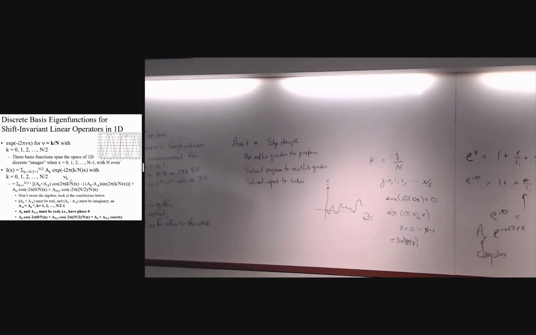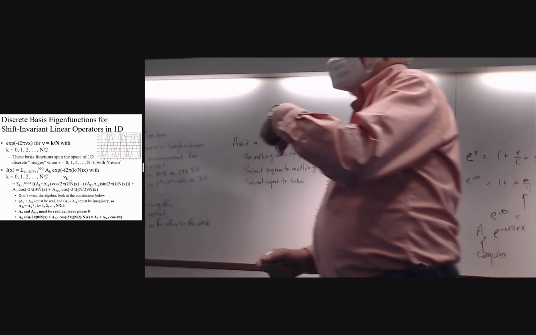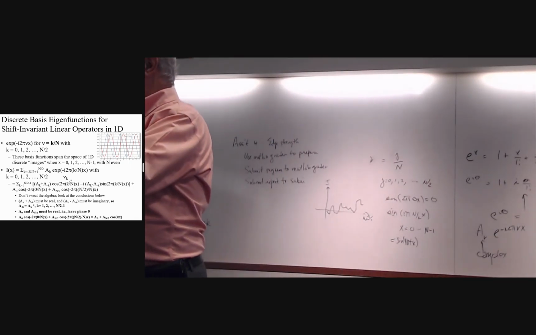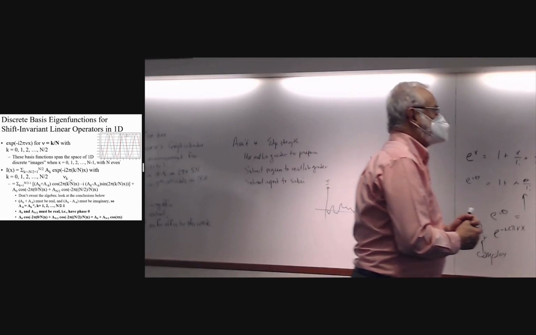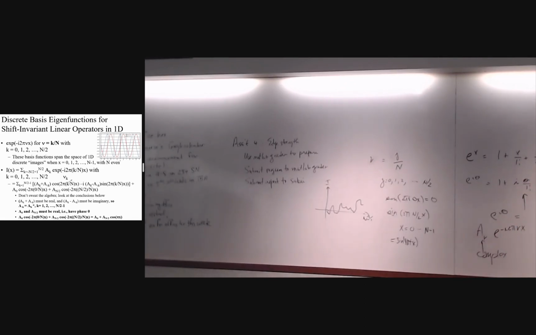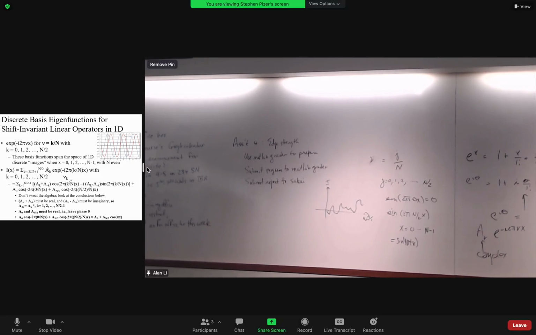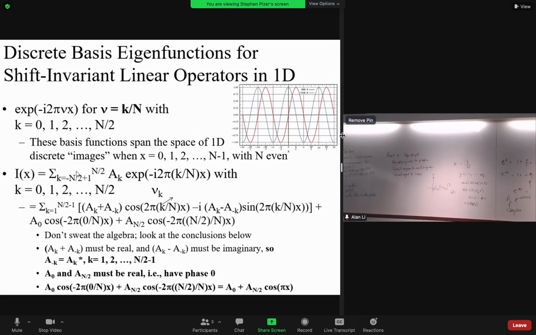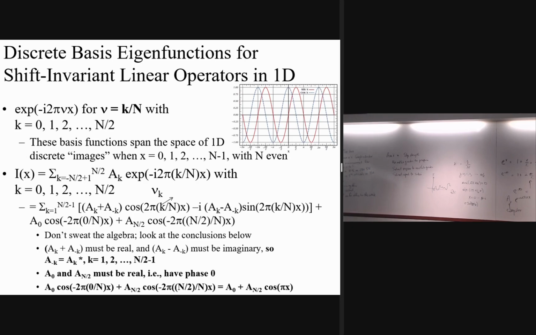Cosine is independent of the sine, because cosine of minus theta and cosine of theta are the same. But the sine of theta and the sine of minus theta have opposite signs. Something's wrong. How many coefficients do I have if I let my frequencies go from negative to positive? I've got roughly n frequencies, k values, and each one of them is complex. So now I've got 2n coefficients.